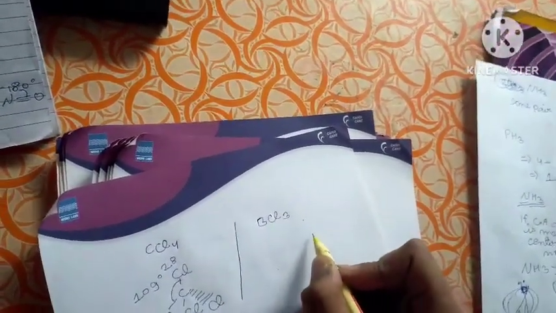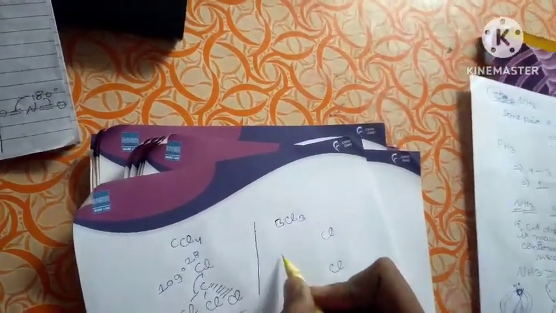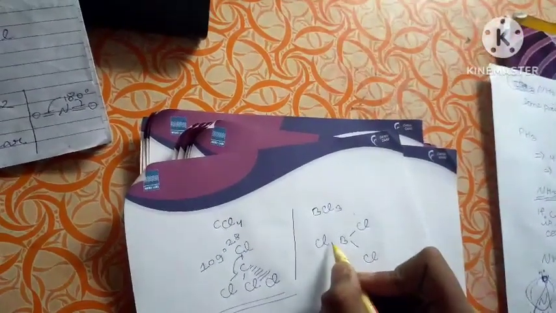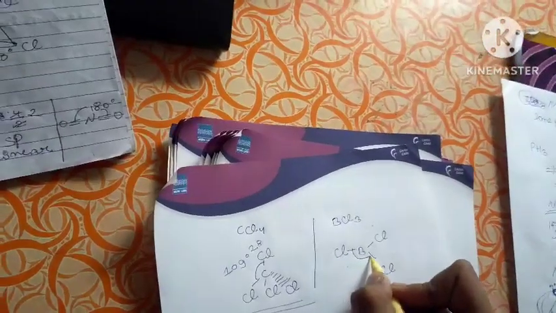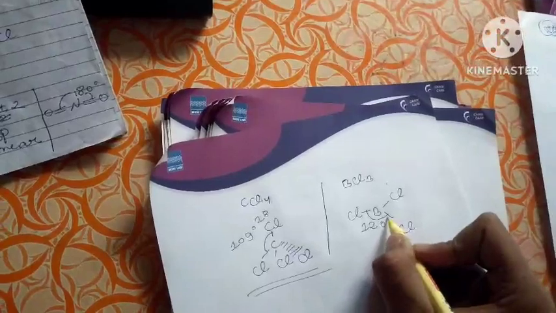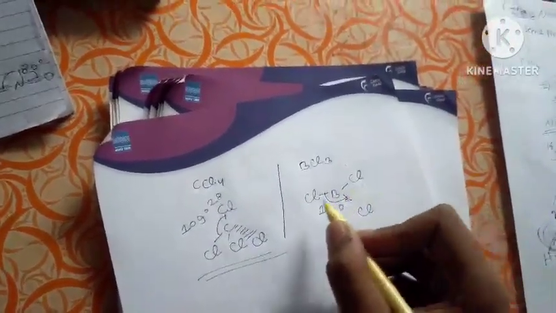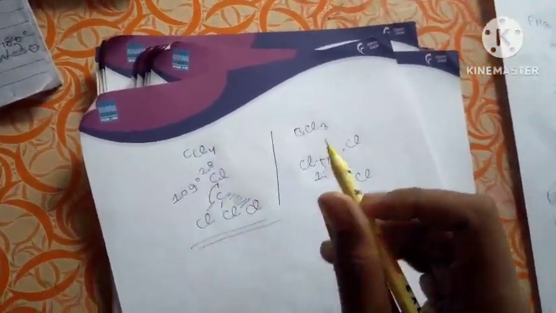So it looks like this: Cl, Cl, Cl and boron. It is trigonal planar, that is equal to 120 degree. So we can see that the angle of BCl3 is greater than the angle of CCl4, right?